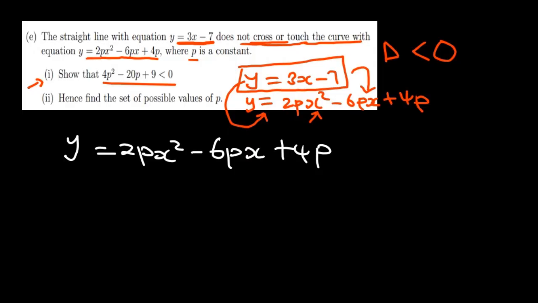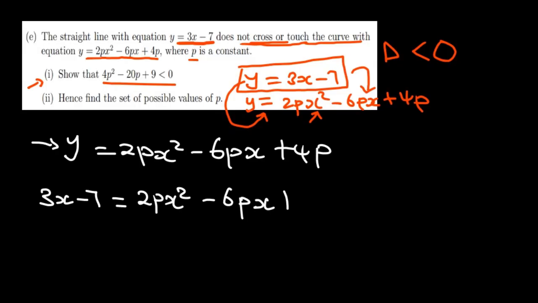So we are going to say the equation of the curve is y equals 2px squared minus 6px and then plus 4p. Okay, and then we've also been given that y equals 3x minus 7 there. So what are we going to do? We are going to substitute this y here with the 3x minus 7. So we're going to say 3x minus 7 equals, and then on the other part we're going to have 2px squared minus 6px and then plus what? 4p. So this is what we have. So let's put the like terms together.